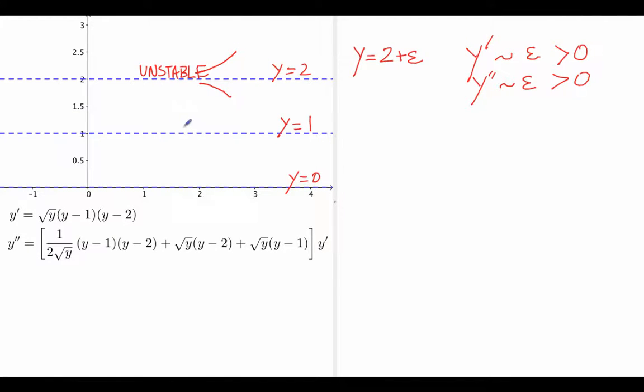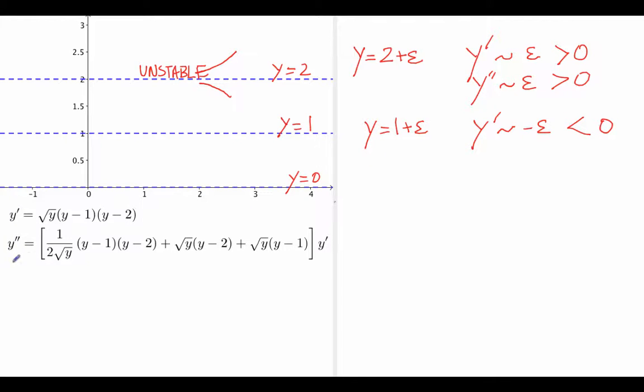Now let's come to y equals 1. So we look just a little bit on the top, y is 1 plus epsilon, and let's see what happens if we start somewhere over here. Y prime we can get from here, because here this will be close to 1, this will be close to minus 1, and this over here is epsilon. So y prime is like minus epsilon, and that's negative.